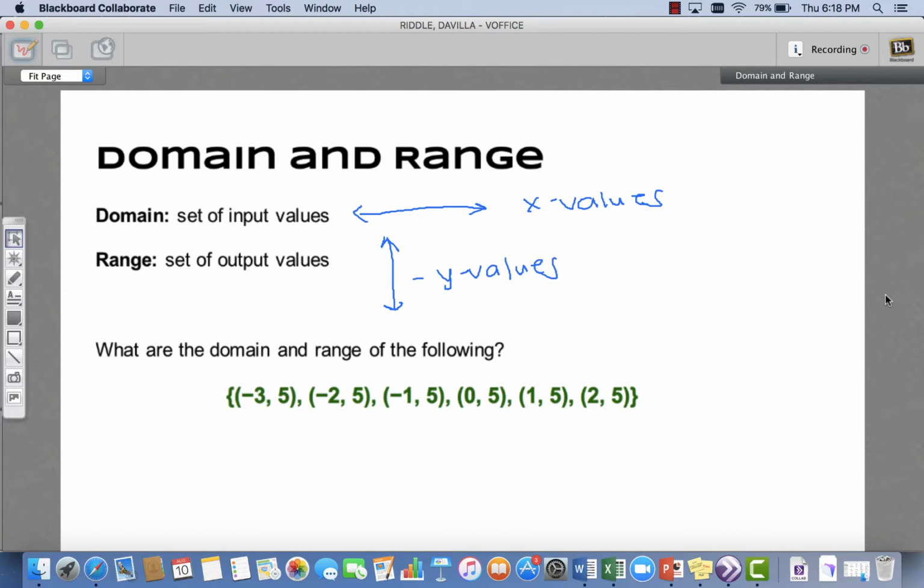So when we're looking at these values right here, -3, -2, -1, 0, 1, and 2, when it's asking you for the domain, you look at your x values, right? So those are the blue arrows where I have it. Can you tell me what your domain is? Domain values means any of the x values that are included in the data set.